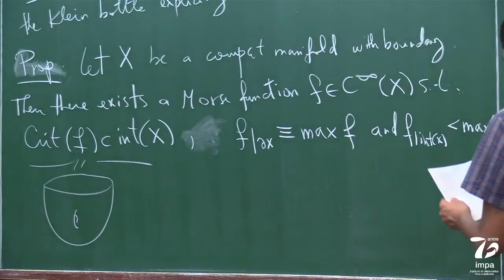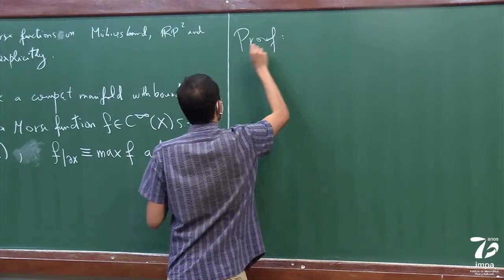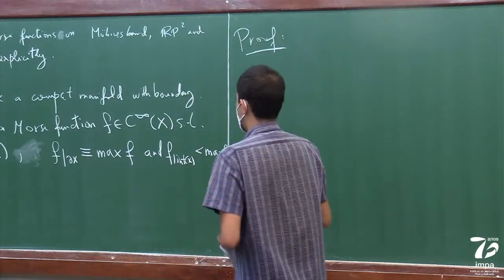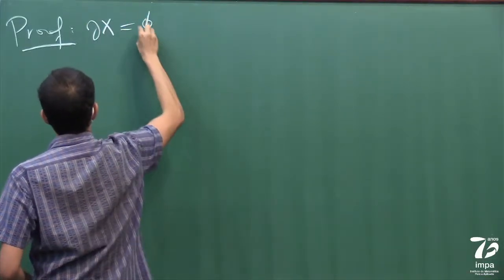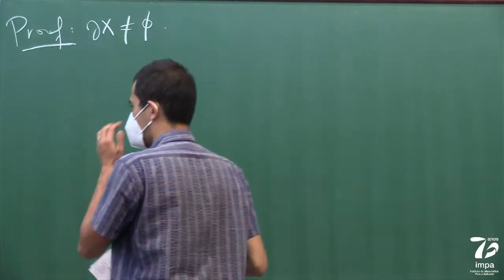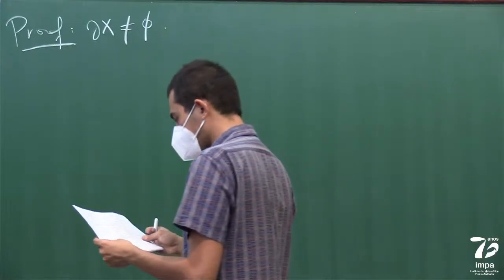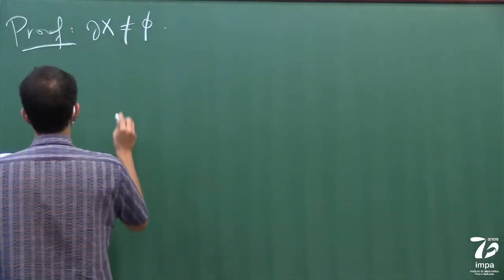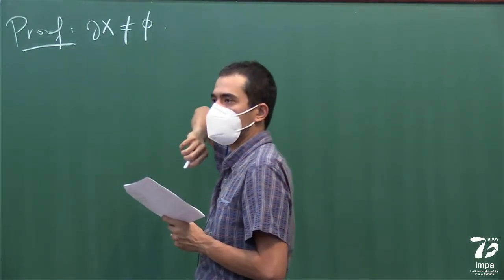Okay? And the proof is as follows. Let's assume the boundary is non-empty, otherwise there's not much to prove. We already know that Morse functions exist. So what you can do is find a tubular neighborhood of the boundary inside the manifold.